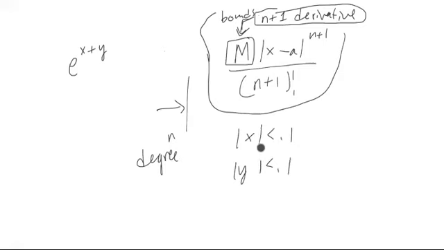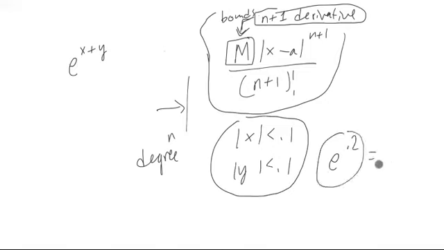All right. So that means that the biggest e to the x plus y can be is e to the 0.2. So that's really a good value for M. Just let M be equal to that. And then this part is interesting. We're not going to have this anymore in the multivariable sense.